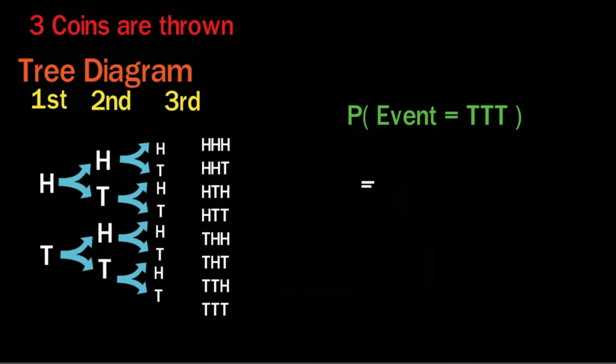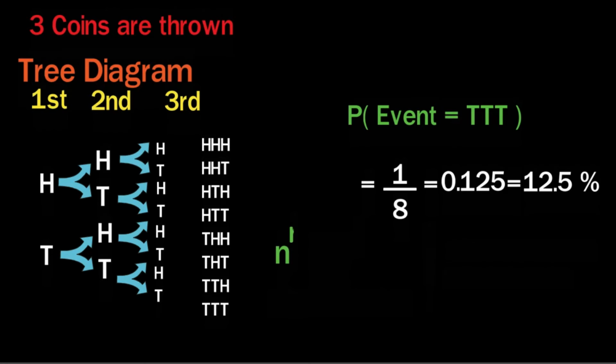So if we want to find out the probability that we have all tails, TTT, for all the three coins, it is 1 out of 8, which is 0.125 and equivalently 12.5%. There's a quick way to do these questions, which is to use n to the power of r. So what is n? n is the number of possible outcomes, which is H or T, so there are two possible outcomes here.